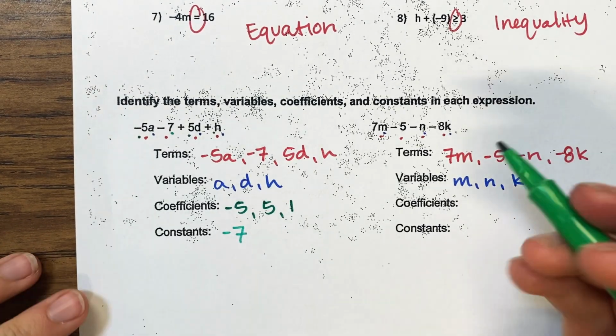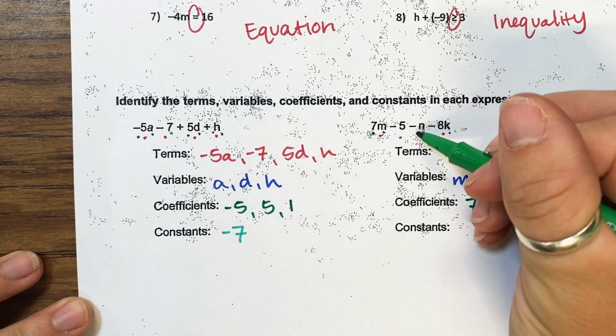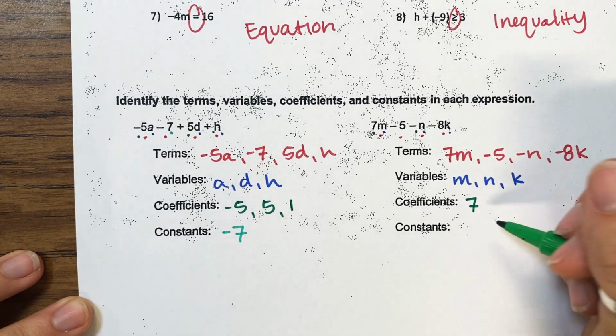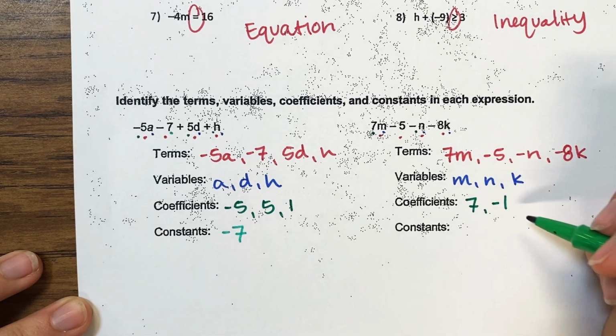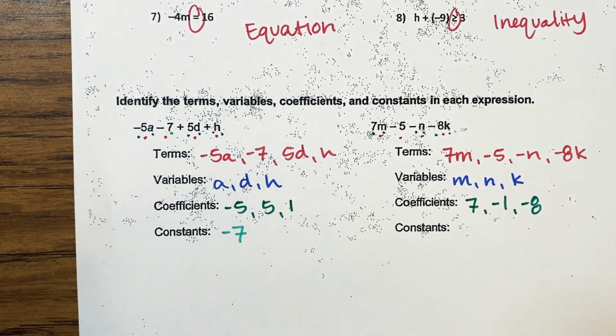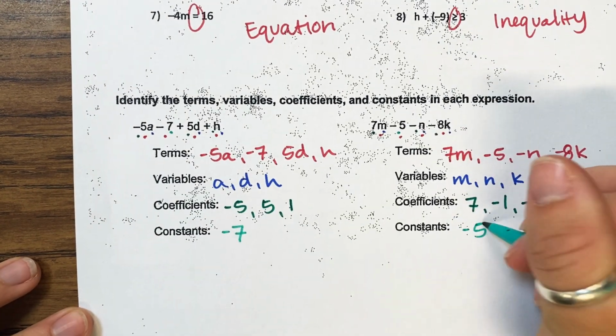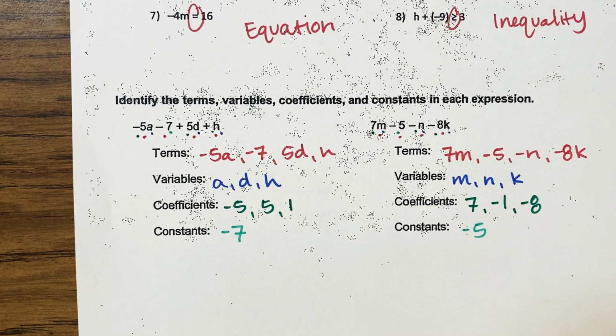Coefficients, numbers in front. In front of the m is that 7. In front of the n is a -1. And in front of the k, a -8. Okay, last one. Constant is the -5. Great job.